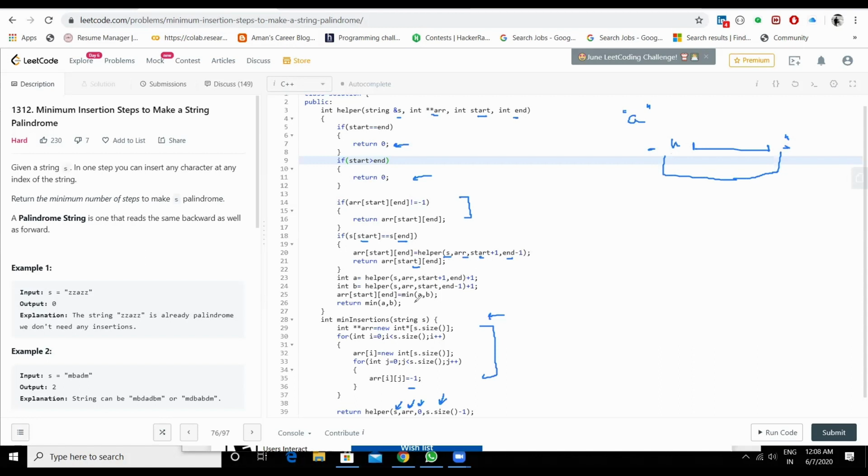So this would be start comma end minus one, plus one for the insertion I made. The second is if I'm adding this character at the end, so my string left is start plus one till end, plus one for one insertion. I store the minimum of both as my answer and return it. So this is how we calculate the answer, and the complexity is O of n square.